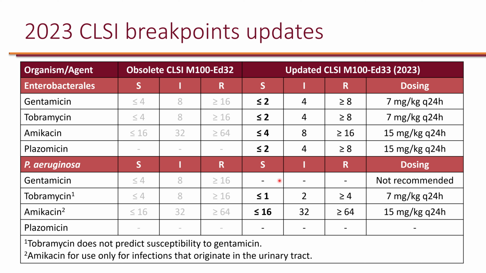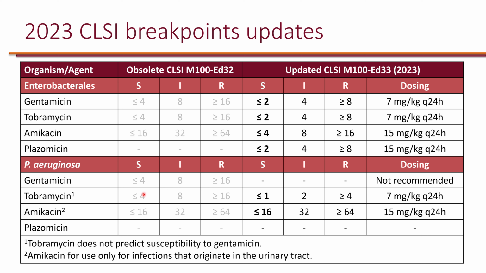So in fact, there are no criteria for susceptibility for gentamicin in regards to Pseudomonas. So it was actually removed. In other words, if a sample is sent to the micro lab, they should not be testing it against gentamicin. So you should just consider that resistant. They will not be testing to report it as either susceptible, intermediate, or resistant, because it will just not be susceptible. So we should just consider it resistant.